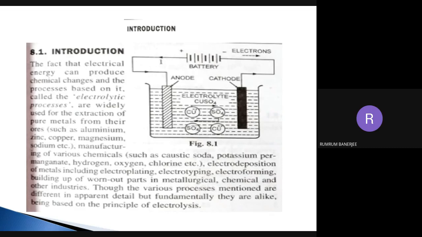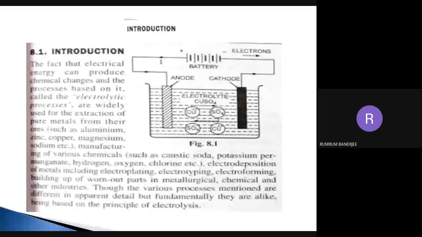Though the various processes mentioned are different in apparent detail, fundamentally they are alike, being based on the principle of electrolysis. Here a diagram of the electrolysis process is shown. We can see there are two plates, one is the anode, another one is the cathode, and electrons are flowing.